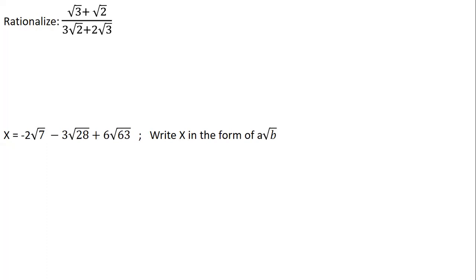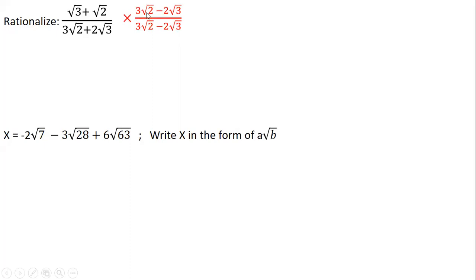What do we mean by conjugate? If in the denominator, in between, we have a plus, then the conjugate should have a minus. Same as the denominator, but instead of a plus, we write in between a minus, okay? So this is what we do.